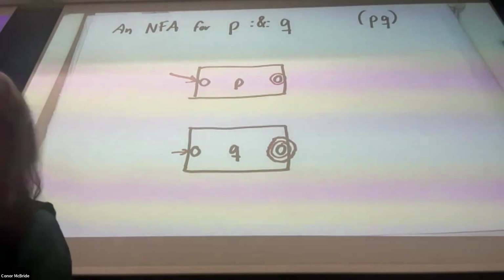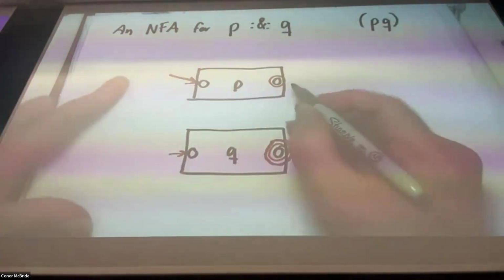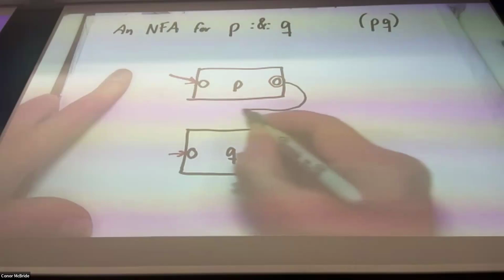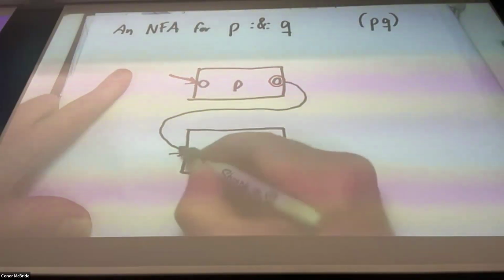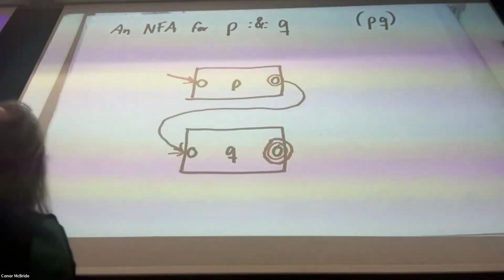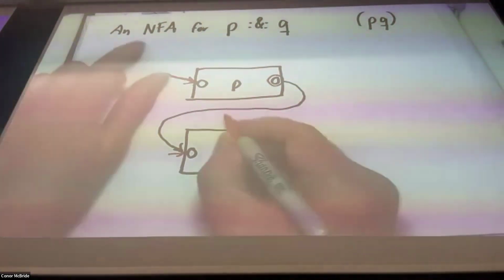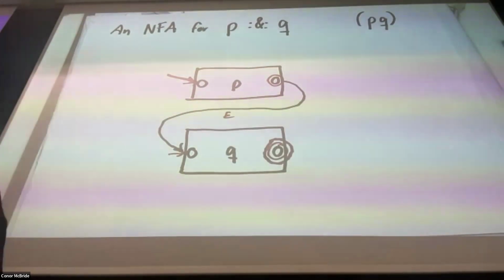I am going to add a new transition from P's accepting state to Q's starting state, labeled with an epsilon.